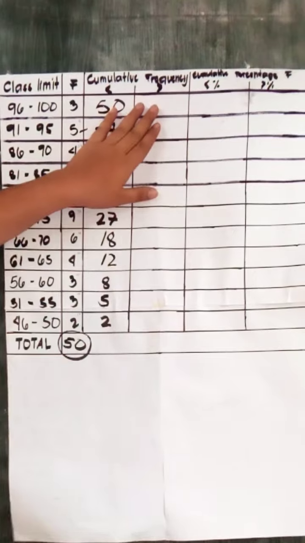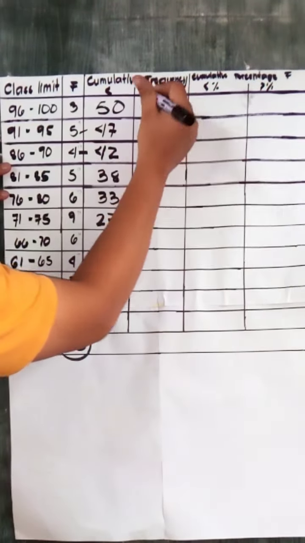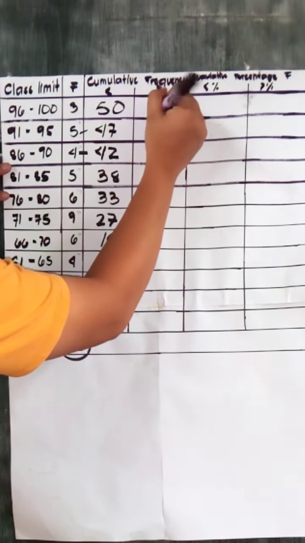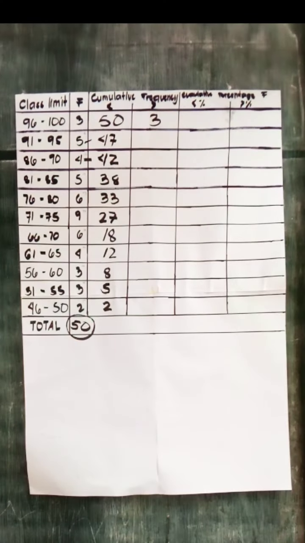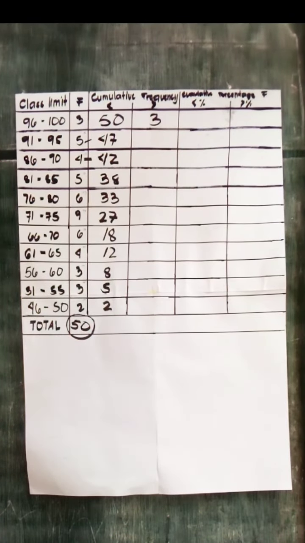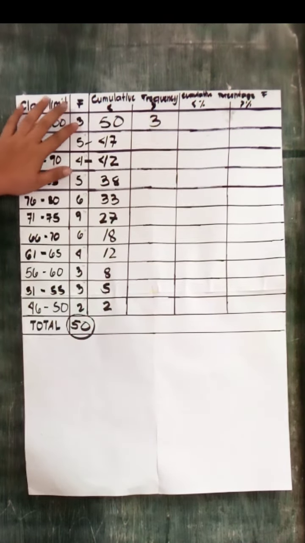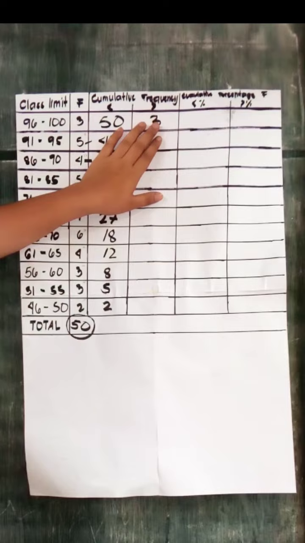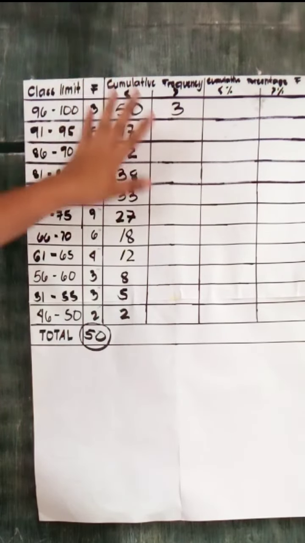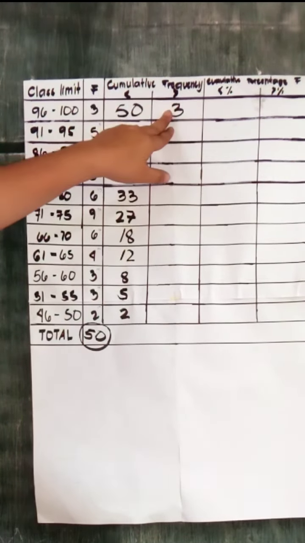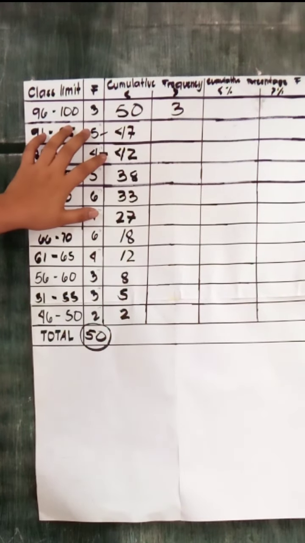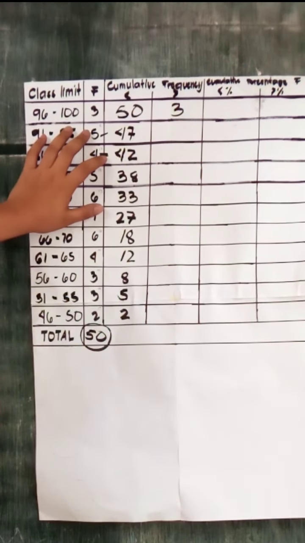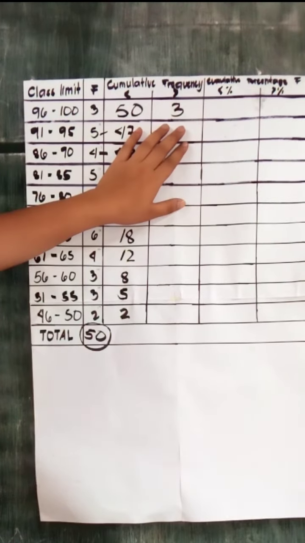Now we will find the cumulative frequency greater than. To find it, we will write first 3 here. Then we add the number 5, which is the frequency, to get the answer of the second row.